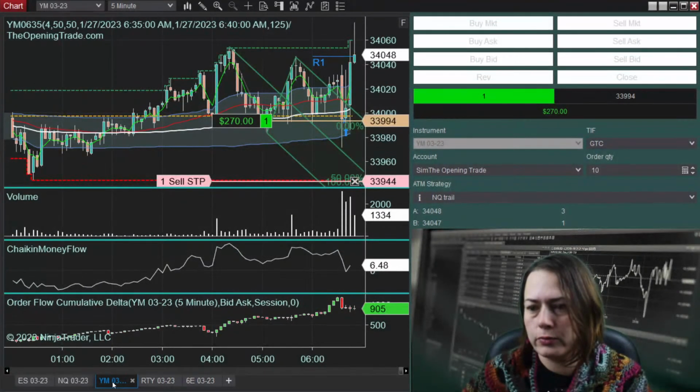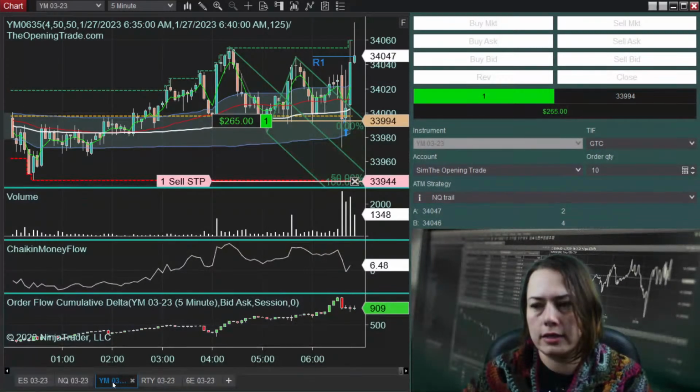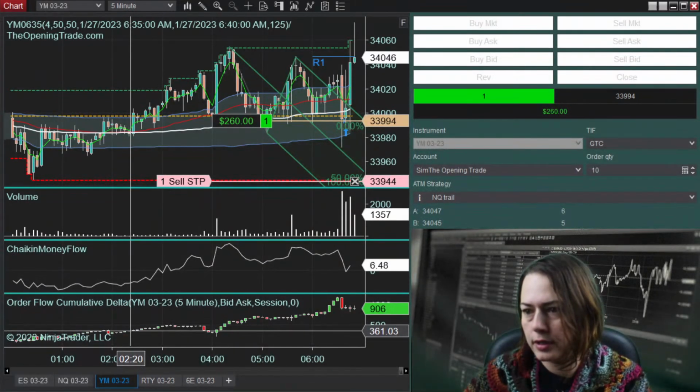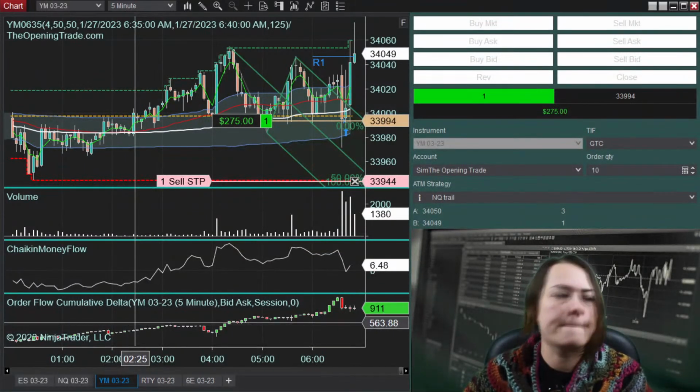All right, so we're still in this automated trade on the Dow Jones futures. And we are just watching it do its thing.